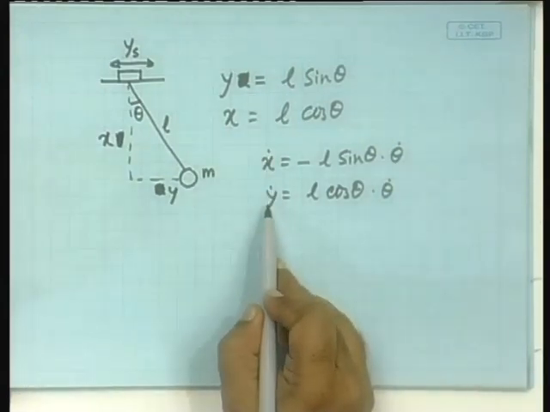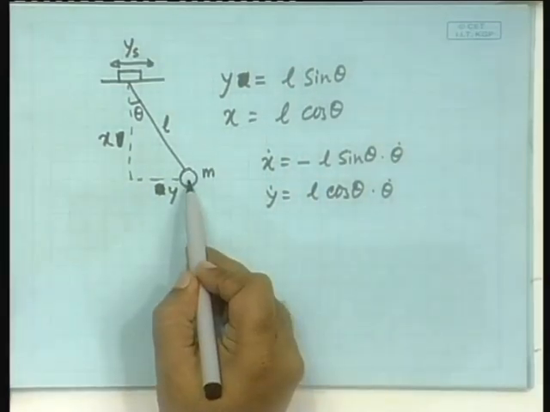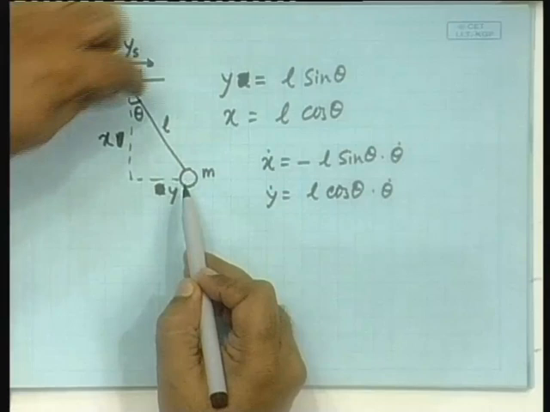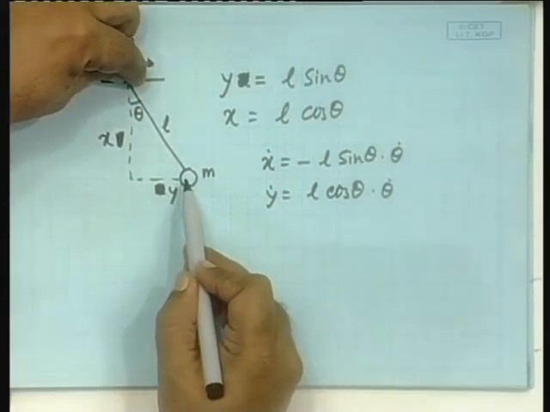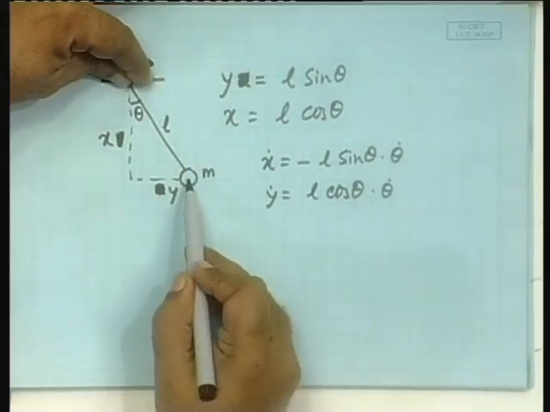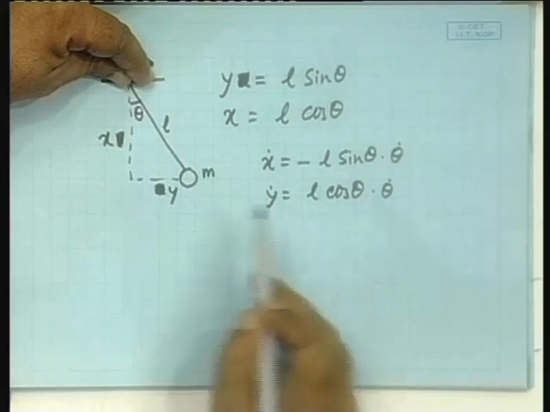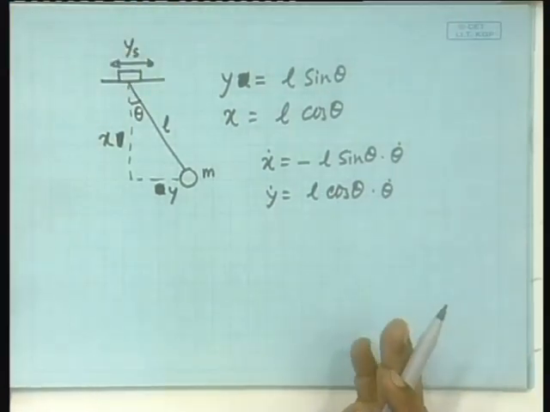So, these two are the velocities of this fellow, and we have to add to that the velocity here. In order to obtain the actual velocity of the bob, it is, if this were not moving, whatever the velocity would be, plus the velocity that is imposed on it. That will be the easy way of looking at it.